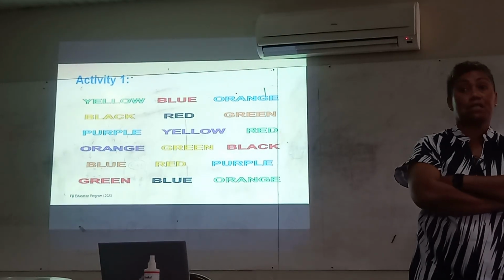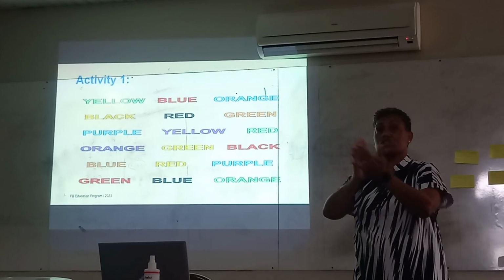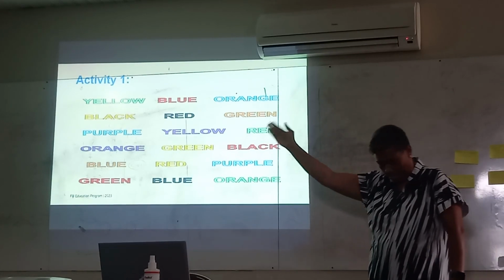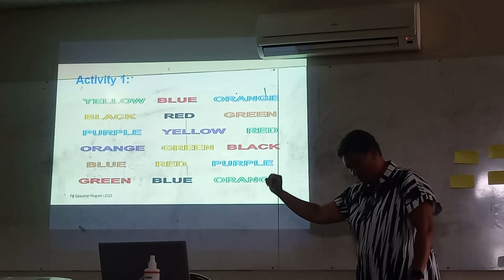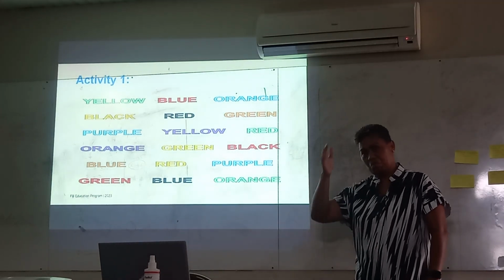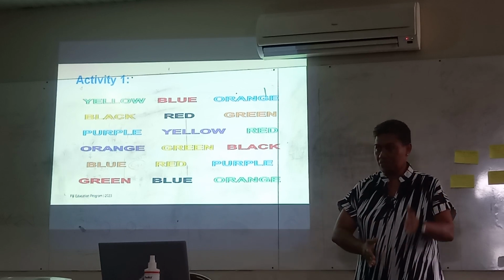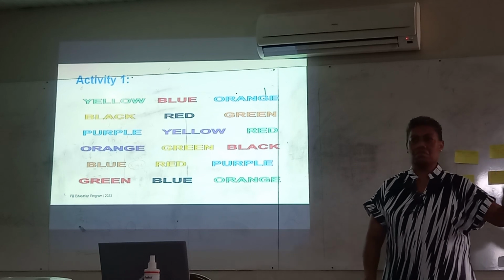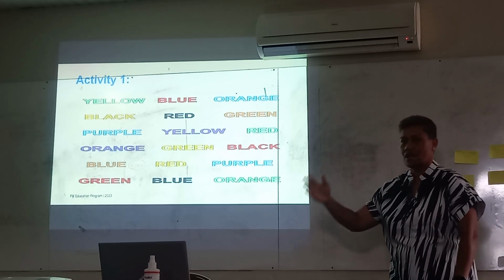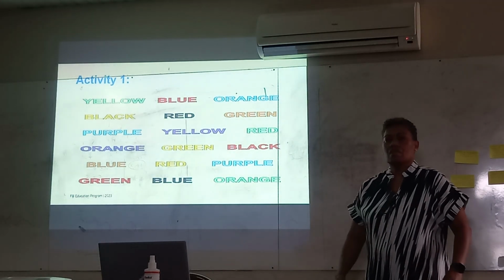I'm giving you an experience of how the brain works. 2, 3. Green, red, blue, yellow, black, orange, blue, purple, green, purple, yellow, red, orange, yellow, blue, red, black, green.